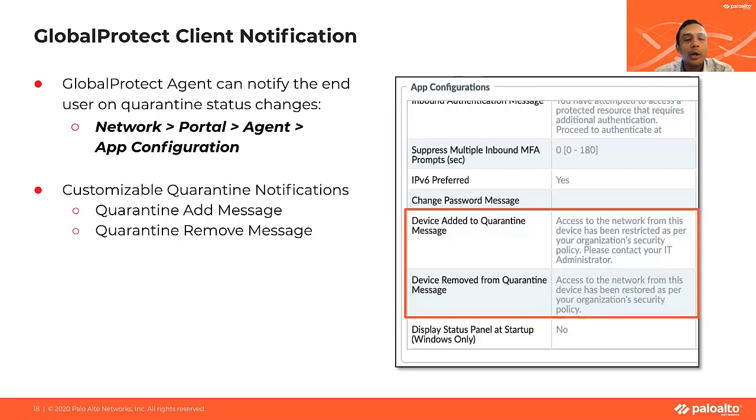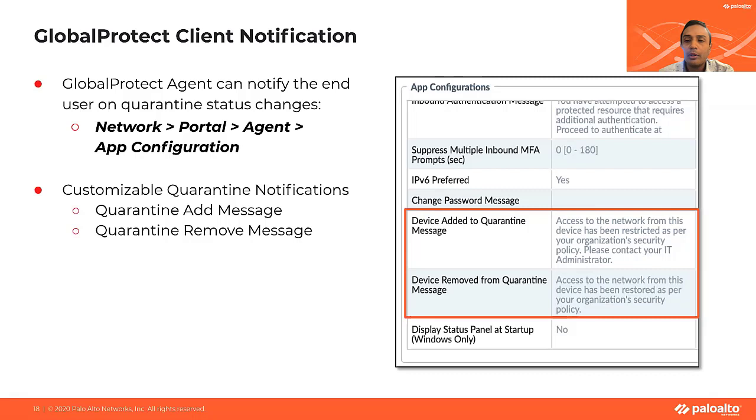So how do we notify the end user about this quarantine activity if the endpoint is compromised? That's where the Global Protect client notification helps us. So as we can see, under network portal agent and app configuration, we have defined quarantine messages when the device is added to the quarantine list or when the device is removed from the quarantine list.